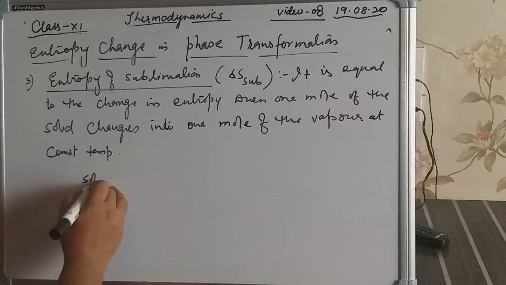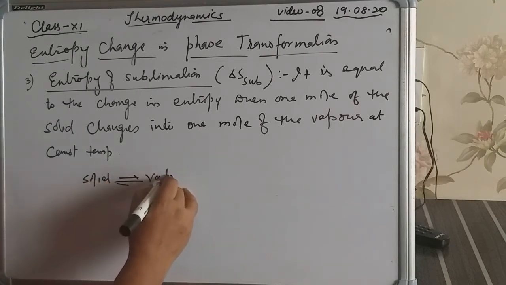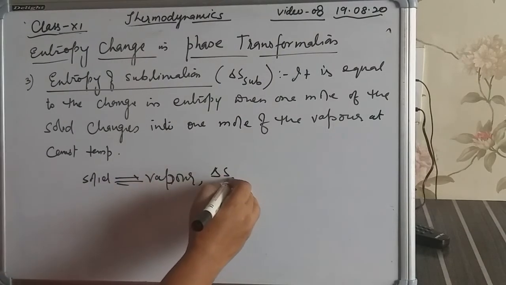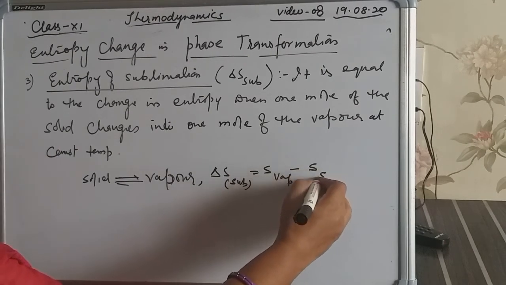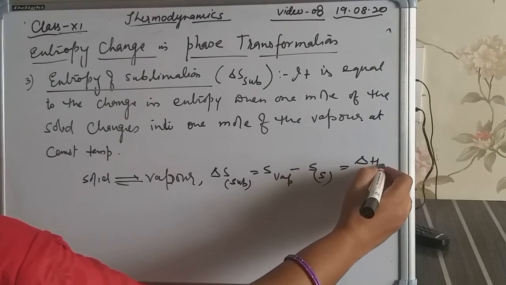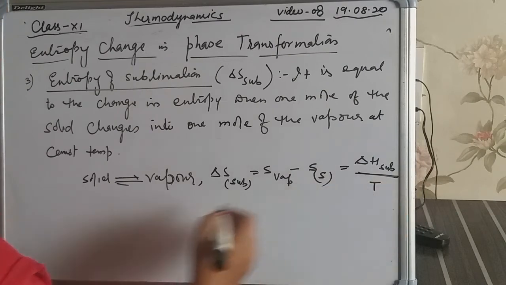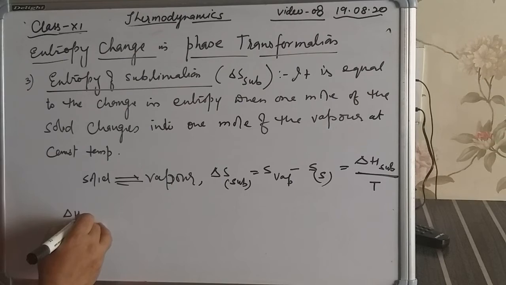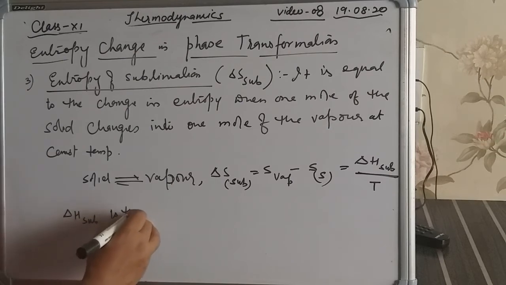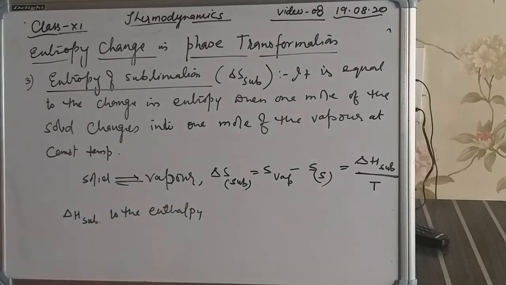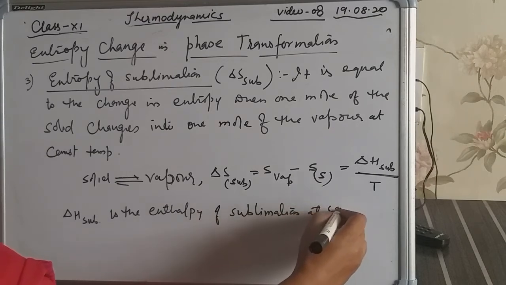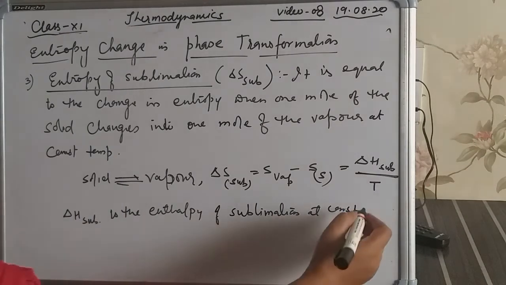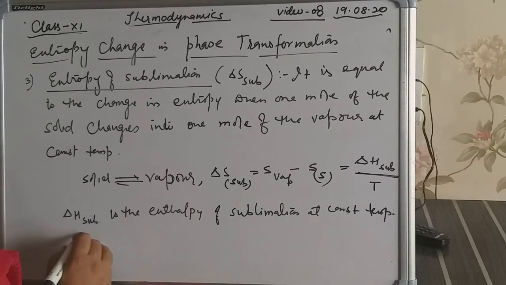So solid changes into vapor. The entropy change in sublimation is S vapor minus S solid, or we can say the change in enthalpy of sublimation divided by T. Here delta H sublimation is the enthalpy of sublimation at constant temperature and pressure.